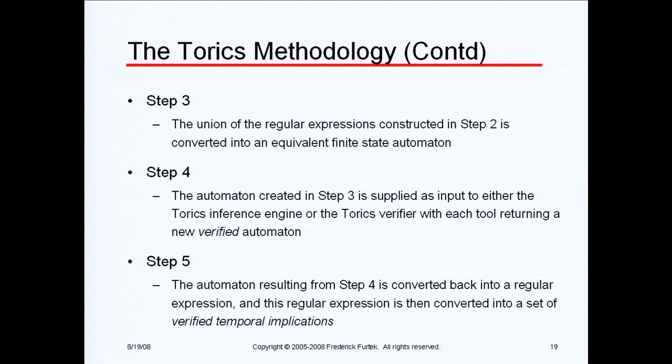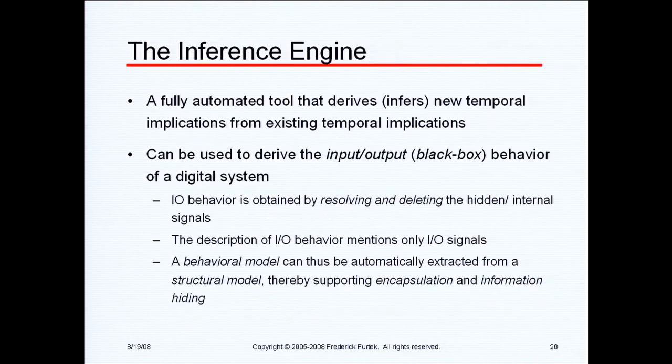In the last step, we take that resulting automaton, which was produced by the inference engine or the verifier, convert it back into a regular expression, and then convert that regular expression back into a set of verified temporal implications. That, in a nutshell, is the Torics methodology.